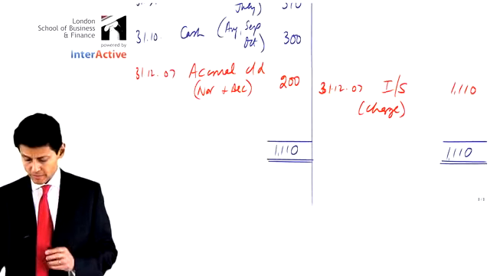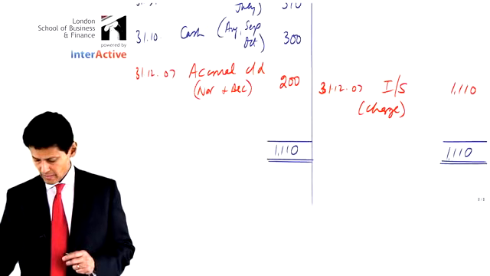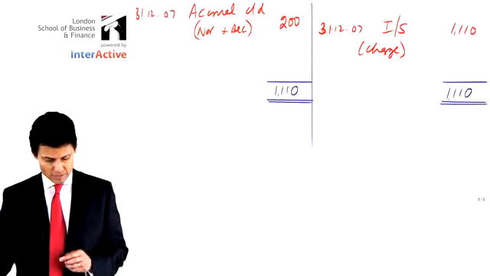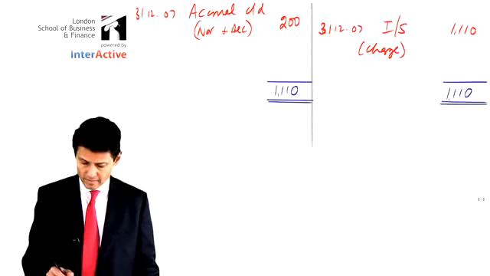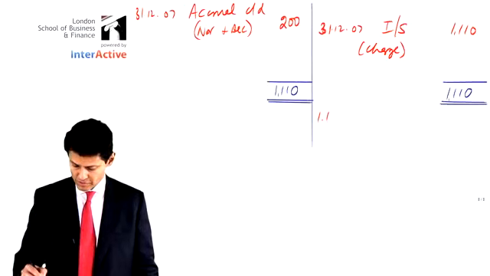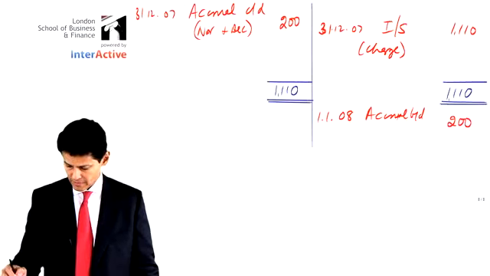And so as we conclude on this little exercise, very simple exercise indeed, we shall bring down the 200 and complete. So we're going to say on the 1st of January 08, the accrual brought down is 200.